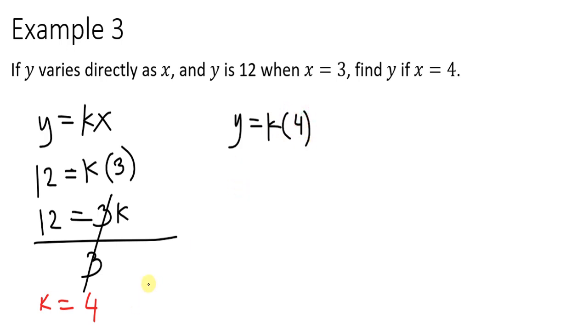And then, is-substitute natin yung value ng k na nakuha natin, which is 4. So, y is equal to 4 times 4. And 4 times 4, that is 16. So, y is equal to 16. So, ganun lang.